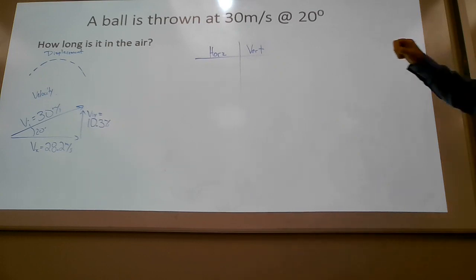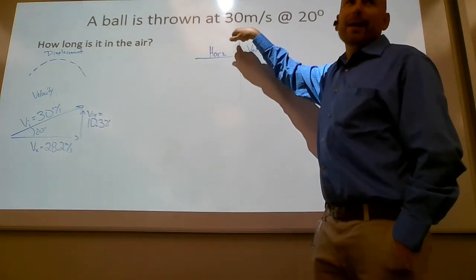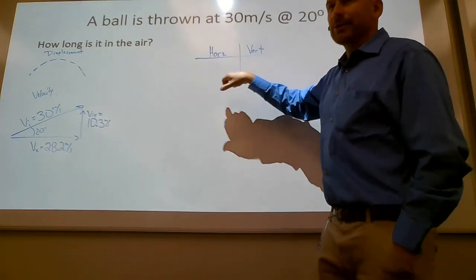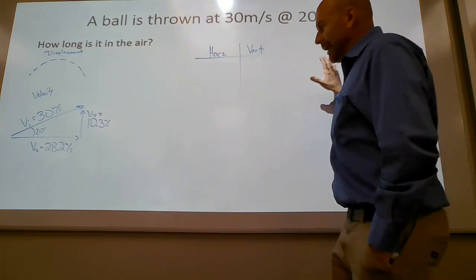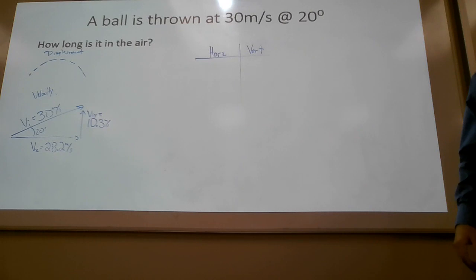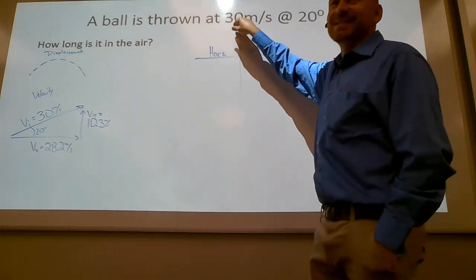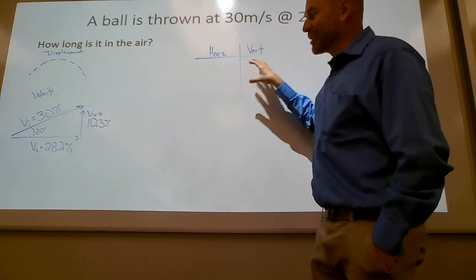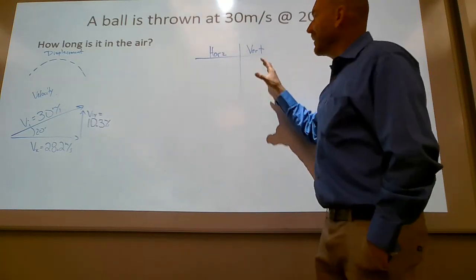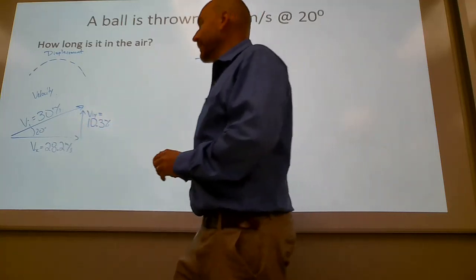No. This number will not find itself in this chart, nor in any equation that you pick. I don't care how desperate you are, this does not go in this chart or an equation. You use this to find these. Okay?